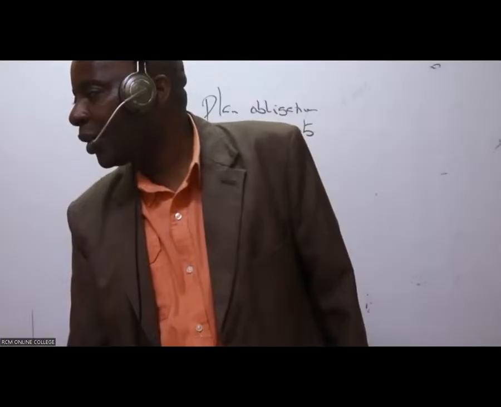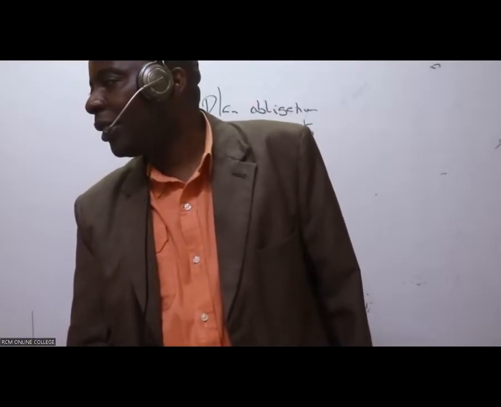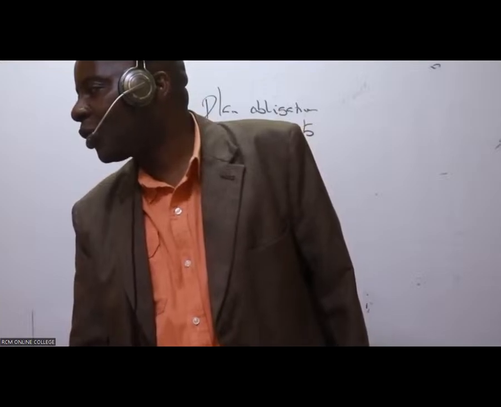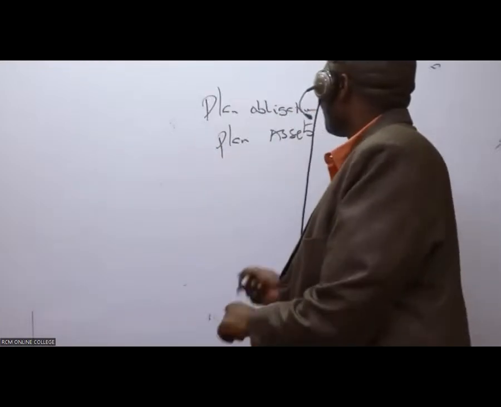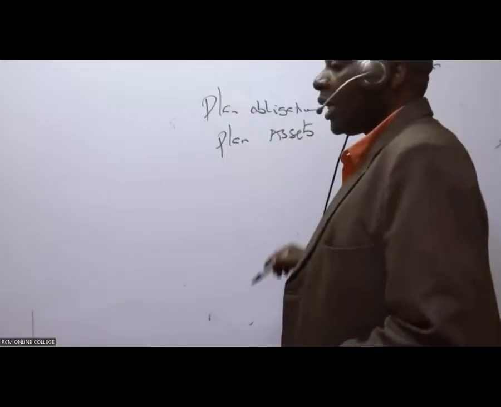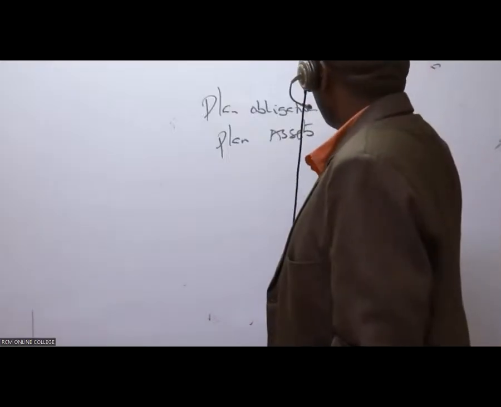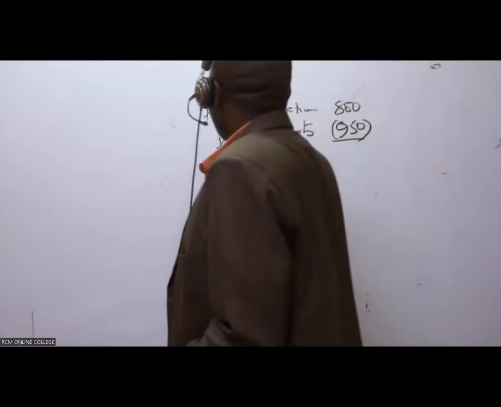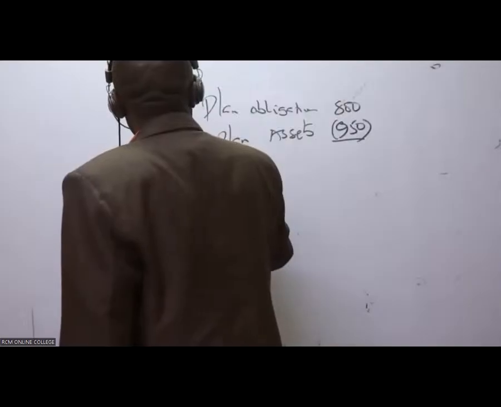The plan obligation, what do we have here at the end of the day? The plan obligation is 800. And then the plan's assets are worth what? They are 950. So subtract the assets as usual, and then we'll be able to get the net obligation.